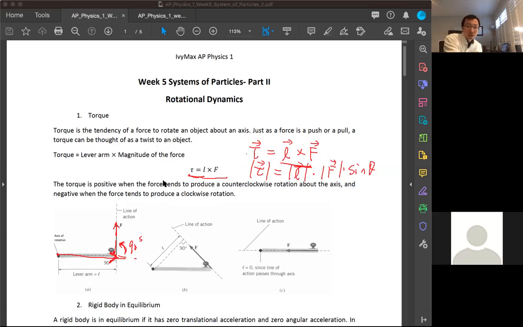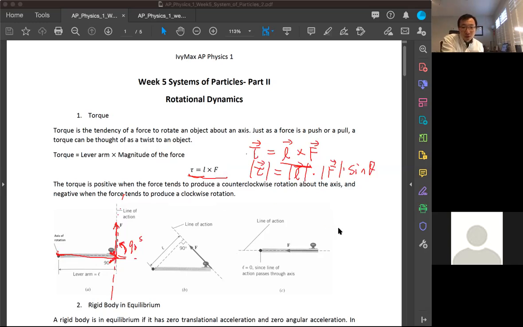If you use a line of action here, say your F goes through the line of action, and from the point of the axis of rotation you make an extension line to the line of action, the direct distance will be the lever arm. That is the L, and using that times the magnitude of the force should give you the magnitude of the torque.